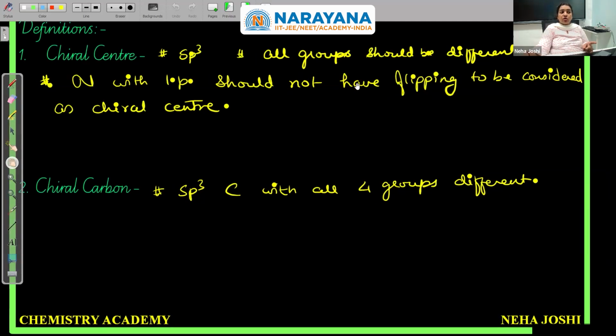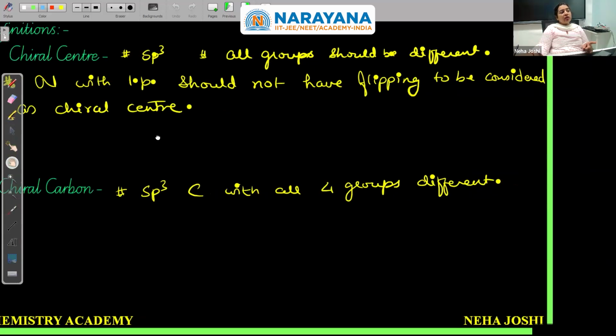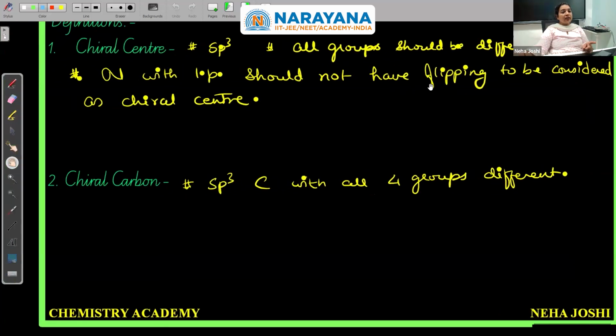Nitrogen with a lone pair should not have flipping, then only it will be considered as a chiral center. Otherwise, it will not be considered as a chiral center. Okay? Chiral carbon: sp3 carbon with all four groups different. Then it is called chiral carbon. So you have to check the question whether they are asking chiral center or chiral carbon.